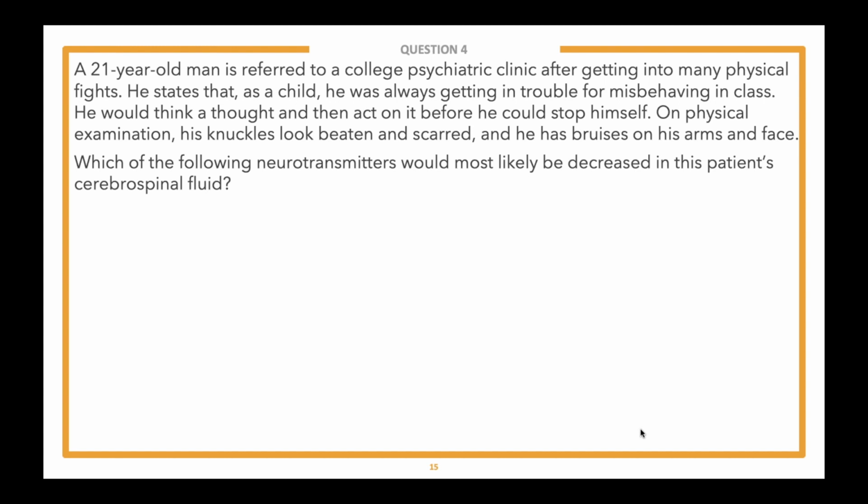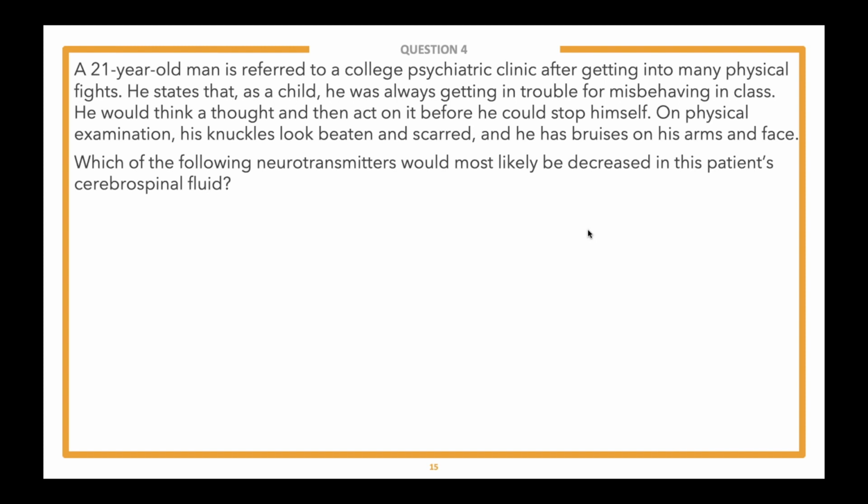On physical examination, his knuckles look beaten and scarred, and he has bruises on his arms and face. Which of the following neurotransmitters would most likely be decreased in this patient's cerebrospinal fluid? I want all of you to start thinking about the important clues in this vignette and in the lead-in as I hand it off to Paris.